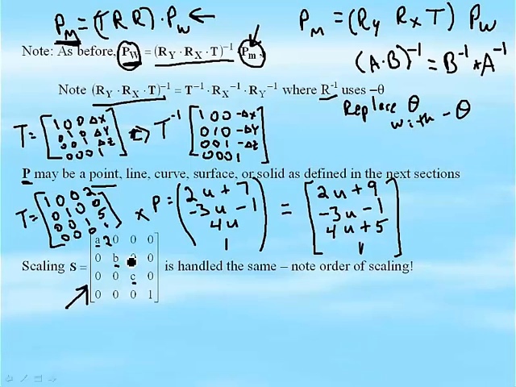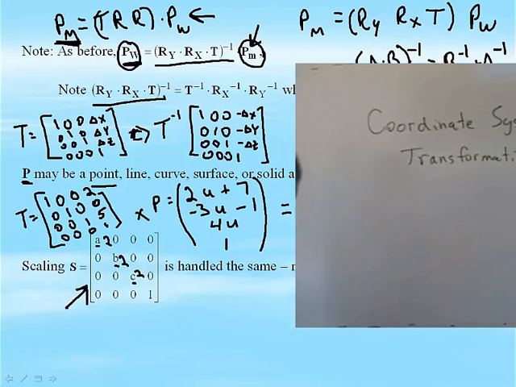So if we have 2, 2, and 2, we leave 1 the same, but that basically doubles the size in the x, y, and z direction for any element. To handle scaling, just like in any of the other translations or rotations, we do have to consider the order of the scaling. I'm going to do a real quick example on the board for this.